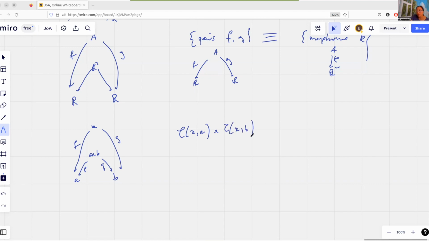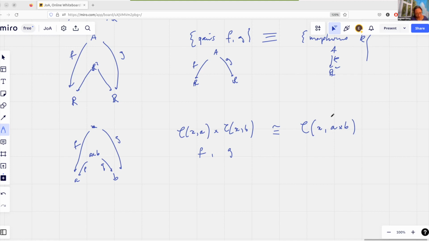So now this has gone a bit meta, because this is a set of morphisms and this is a set of morphisms. So I'm taking a product of sets of morphisms. So an element of this product is a pair, something in here and something in here, right? And that this is in bijection with just single morphisms from X to A cross B. But the bijection is produced via composition with a factorization, which makes it even better.